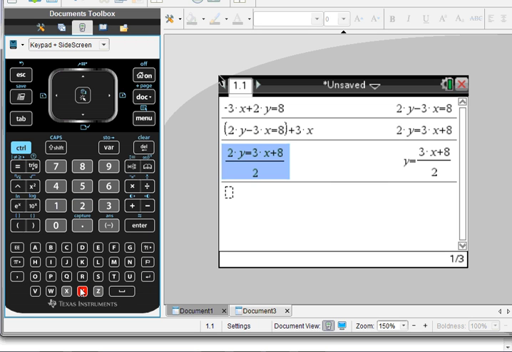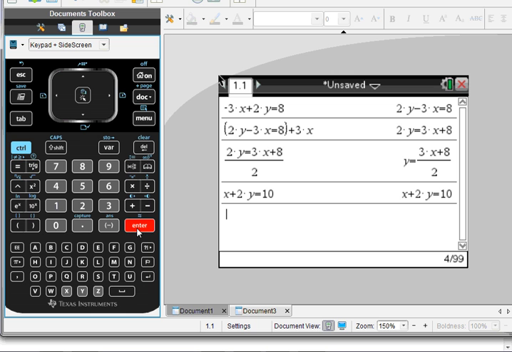Equals is over here on all calculators. 10, enter. What happened? There we go. Now it's 2y equals 10.